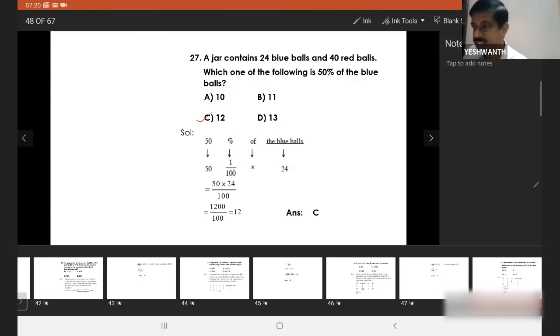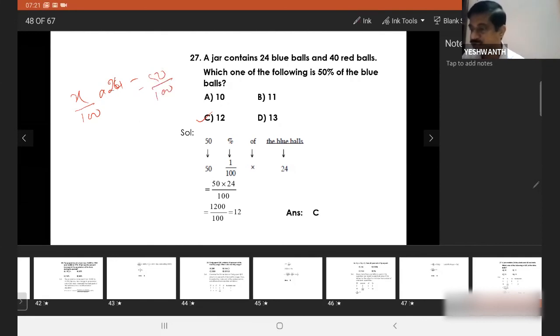It is like this, children. A jar contains 24 blue balls and 40 red balls. So what means you can take it as X. Which one of the following means answers here? X percentage of blue balls is 50 percentage of blue balls.